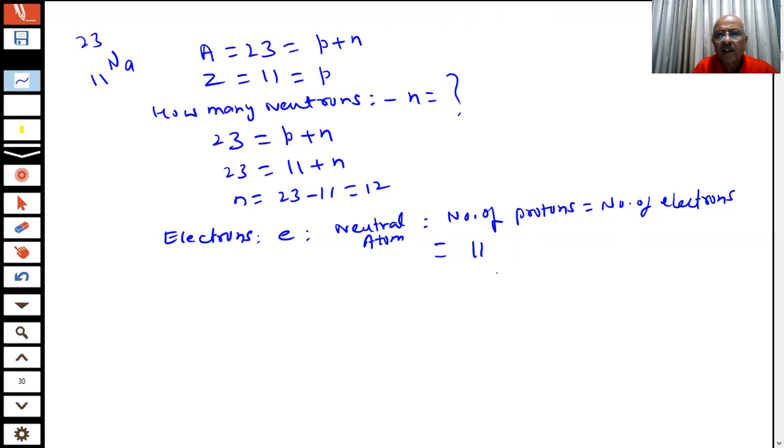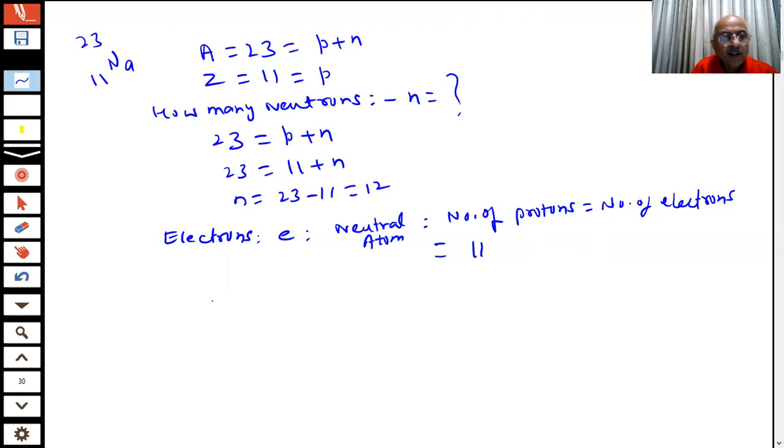Therefore, students, we have started identifying the elements by their atomic numbers, and they have a mass number, which is P plus N, almost equal to the mass of the atom, assuming the mass of the electron is negligible.